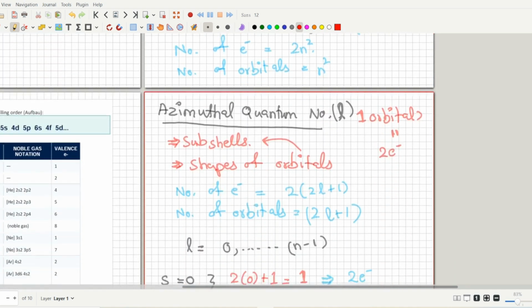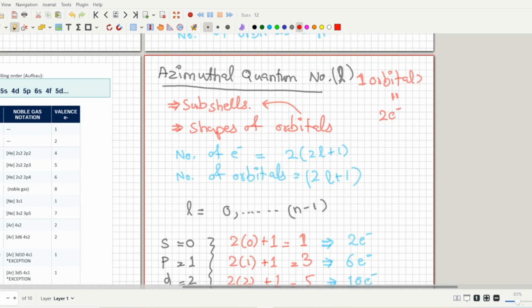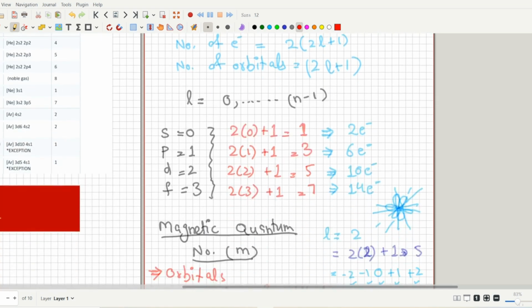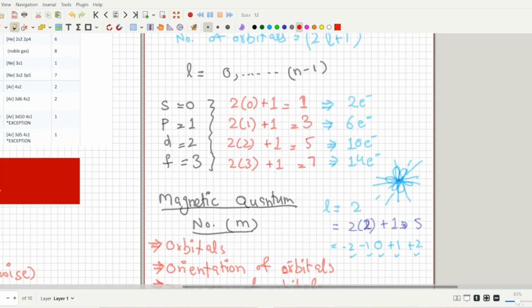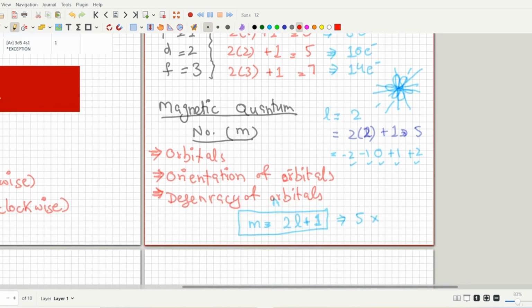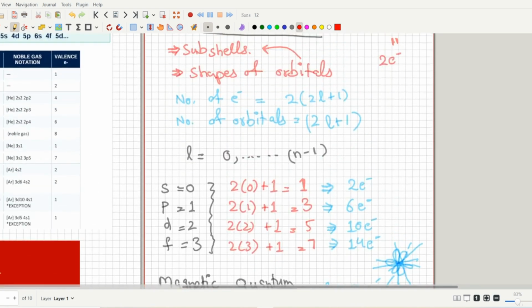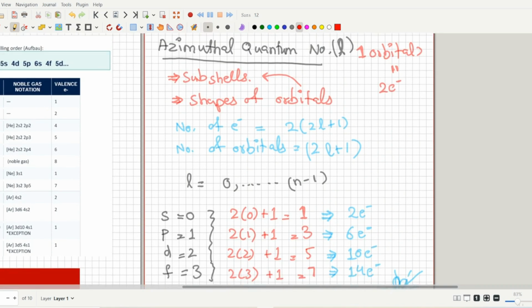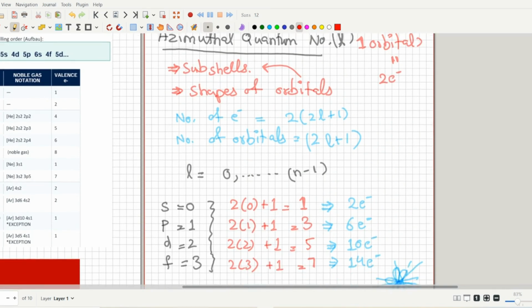Then we studied the azimuthal quantum number, which gives information about subshells, the shape of orbitals, and the number of electrons and orbitals in a subshell. You have to know that the number of electrons in an orbital is always 2, and the number of electrons in s, p, d and f are 2, 6, 10 and 14.